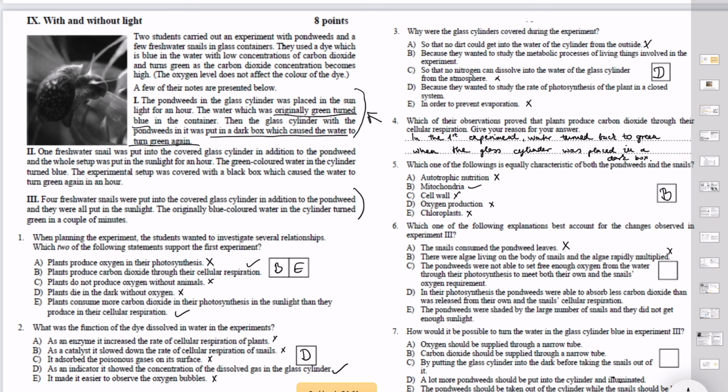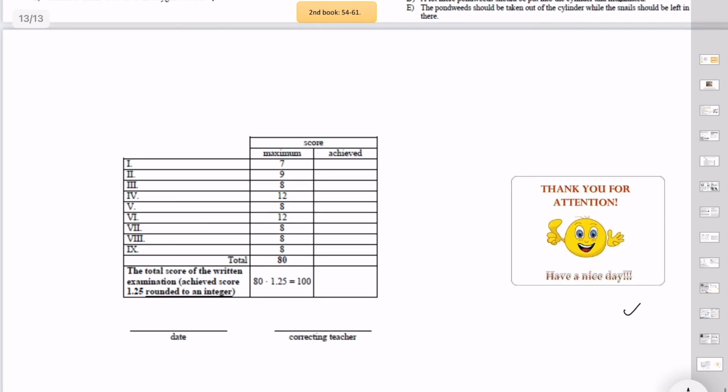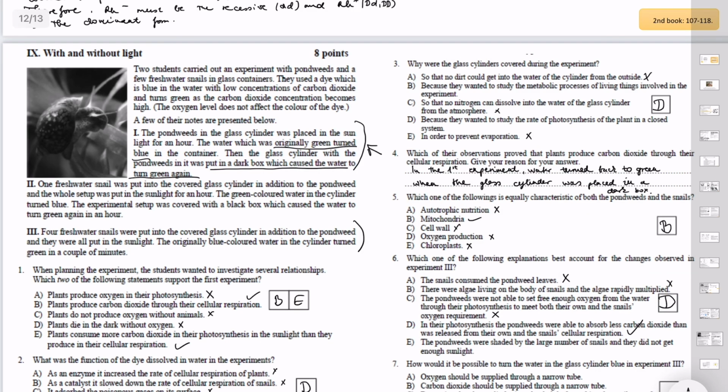The pondweeds were not able to set free enough oxygen from the water through their photosynthesis to meet both their own and the snail's oxygen requirement. In their photosynthesis, the pondweeds were able to absorb less carbon dioxide than was released from their own and the snail's cellular respiration. Now this is the case. Okay. And then the pondweeds were shaded by the large number of snails and they did not get enough sunlight. No.